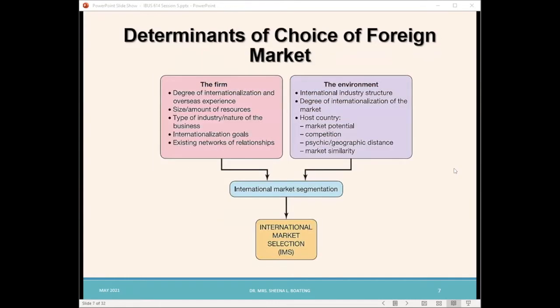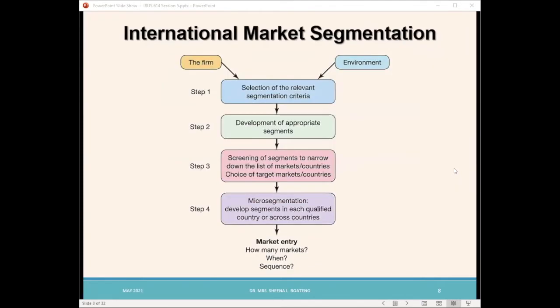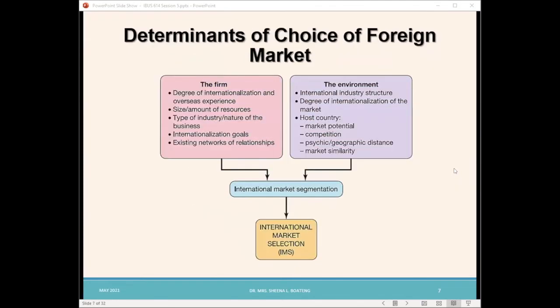Good evening, Madam. Good evening, Elizabeth. Okay, so based on what you have here in the slides, can we refer to the one in the pink box as the micro environment and then the one in the purple box as the macro environment?